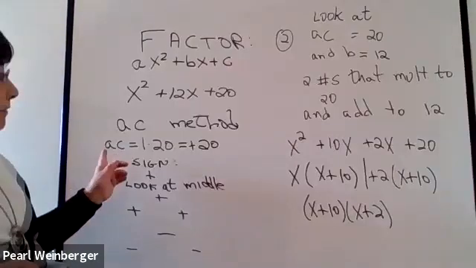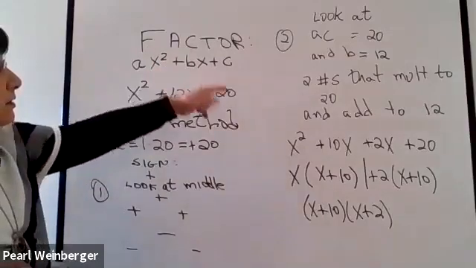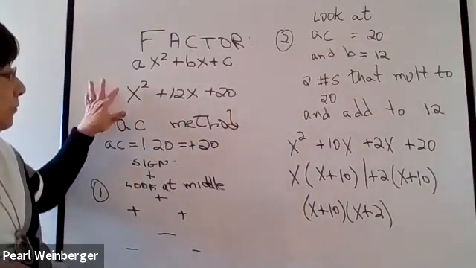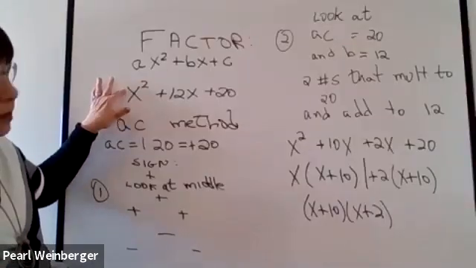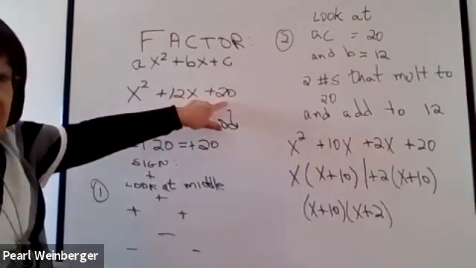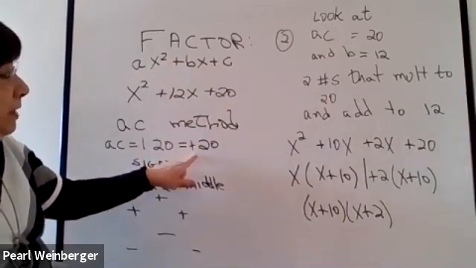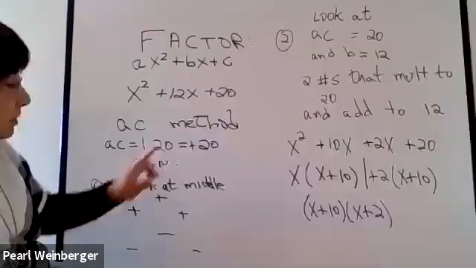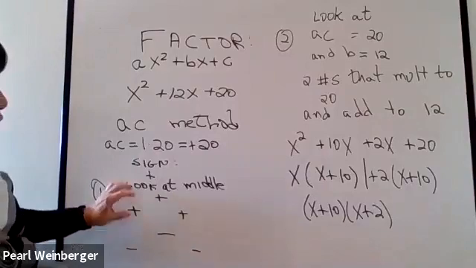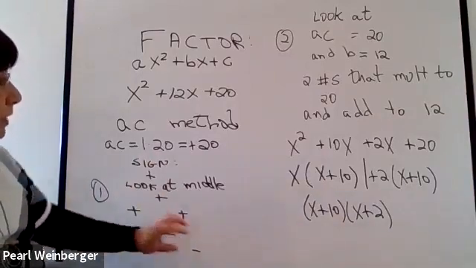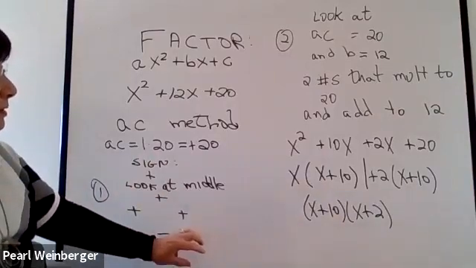Again, I figure out what my AC is by multiplying the first number, if there's no number there, it's 1, times the last number, which is the C. That gave me a positive 20. Since it was positive, I knew my signs were either going to be 2 pluses or 2 minuses.